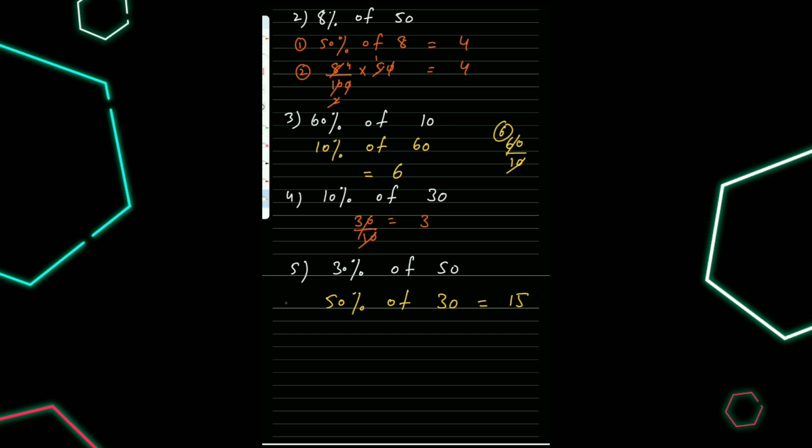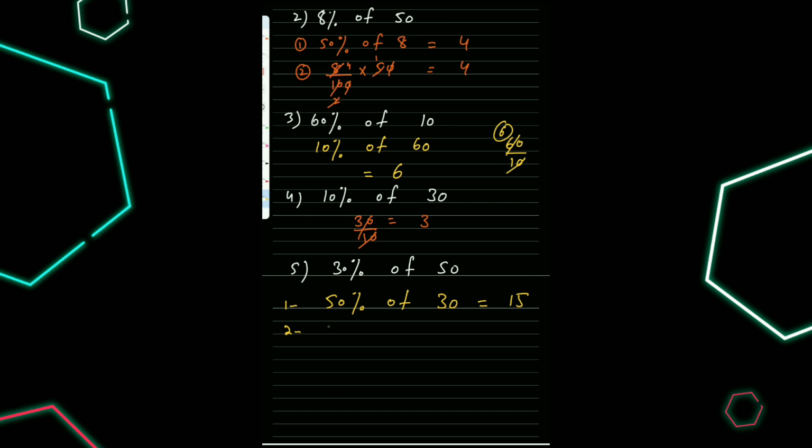So there is one more hack to solve this question. We are asked to find 30% of 50. First of all, you can find 10% of this value, and then you can multiply it by 3, because 30 is 3 times of 10. So this is also a shortcut for this question.